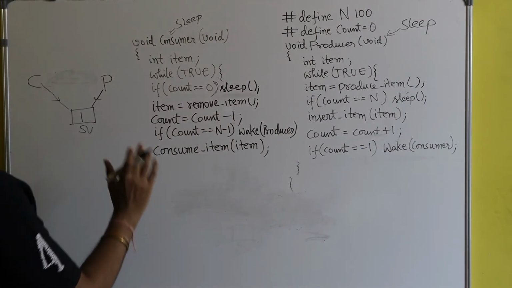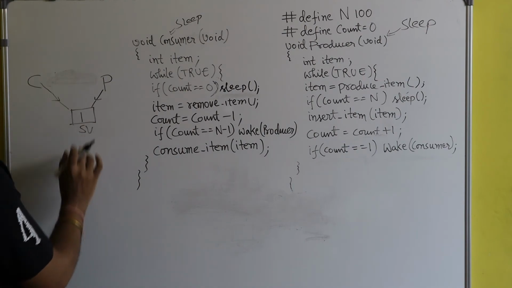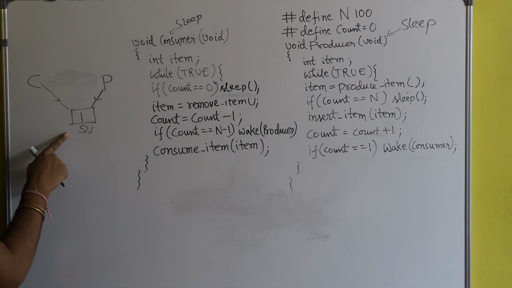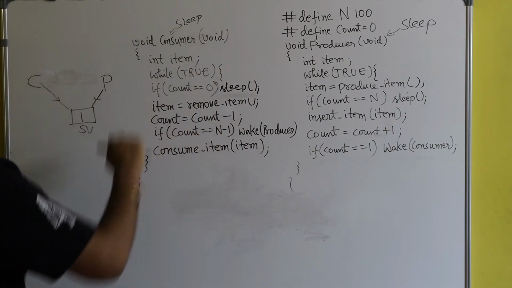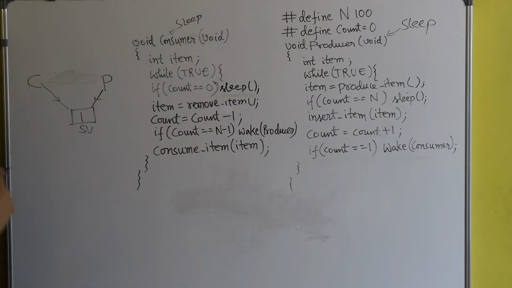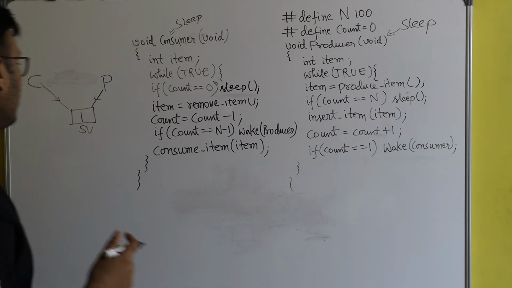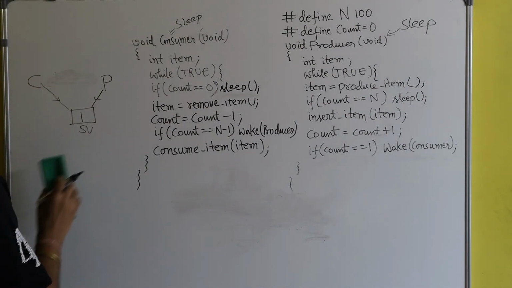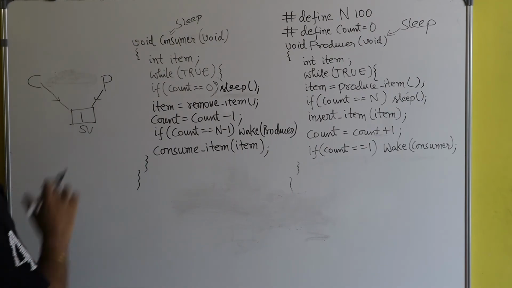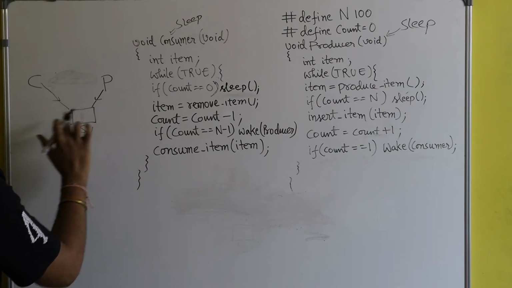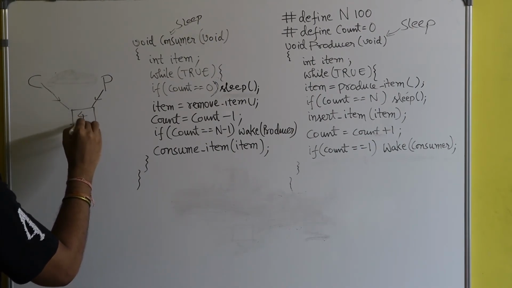In this way, the semaphore works. Here it's a case of one producer and one consumer. In case of multiple processes, we use the semaphore variable as an integer. The semaphore variable will hold some integer like 4.